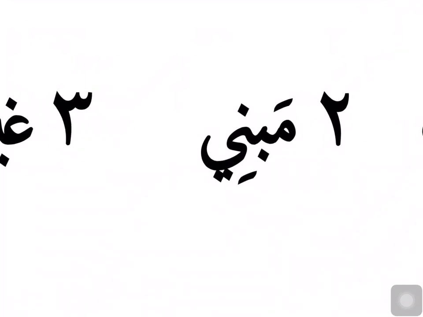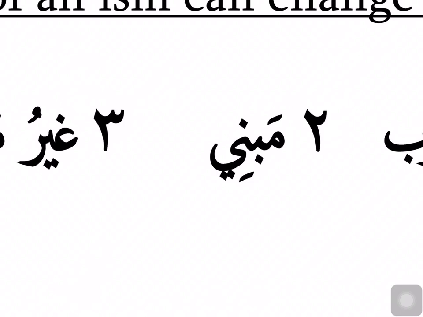The second type of ism is a mabni ism. So maybe my ism is not mu'rab. It does not want to give me any clue to its status. It might be mabni. What does that mean? A mabni ism is an inflexible ism. It does not change its ending no matter what its status might be.